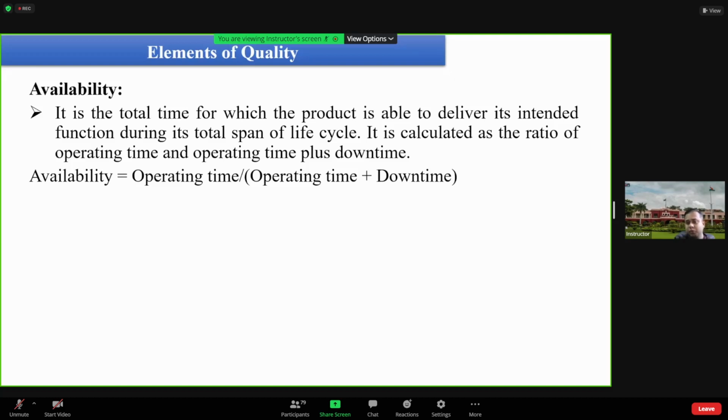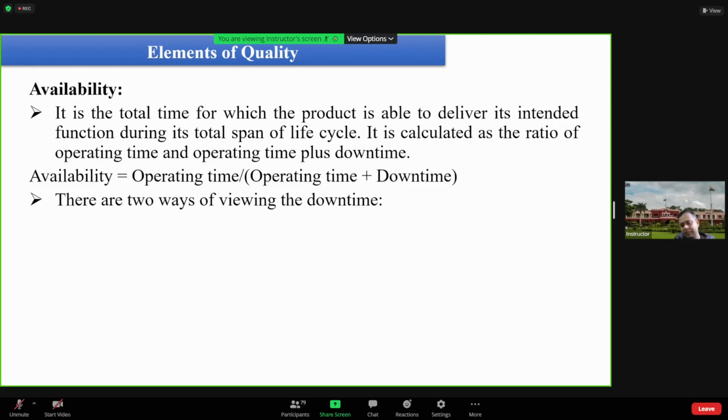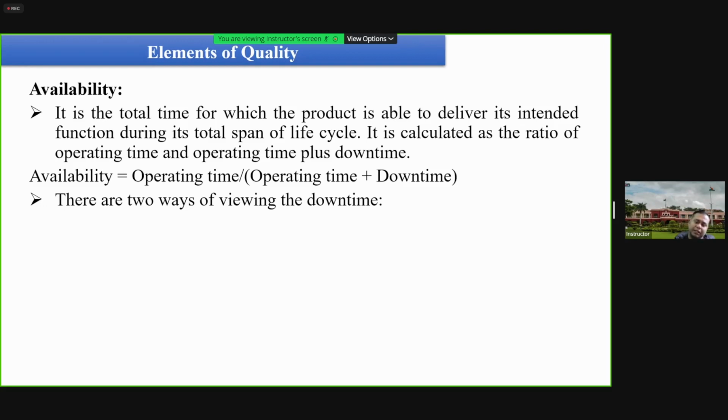Now there are two ways in which we can see the downtime, and accordingly the availability will also change. One is the total downtime. Total downtime includes all the time: the actual repair time, the diagnosis time, the preventive maintenance time, and the other time required for arranging the logistics for repairing the machine.